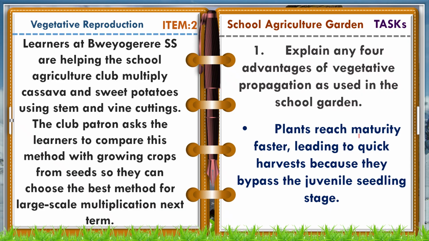Plants reach maturity faster, leading to quick harvests because they bypass the juvenile seedling stage.